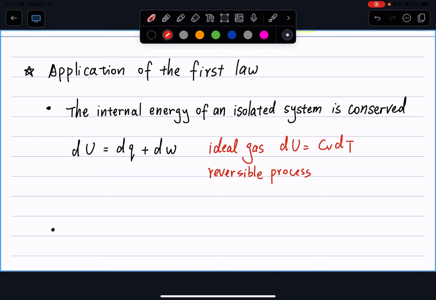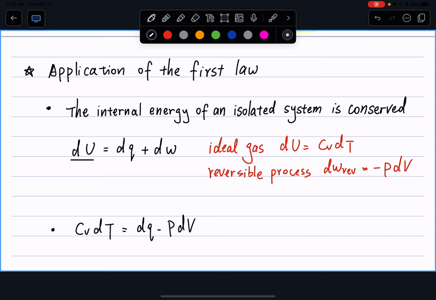And for that reversible process, we have dW reversible equals negative PdV. In other words, dU equals Cv dT equals dQ minus PdV.